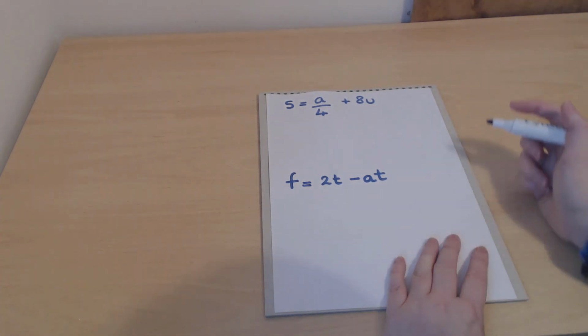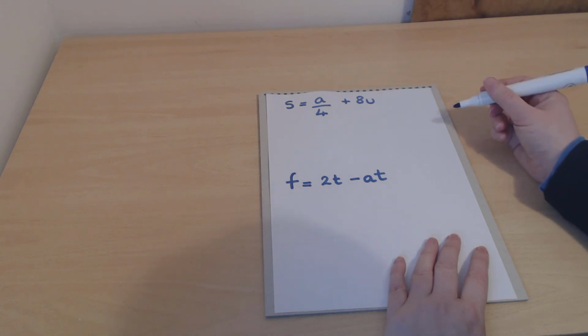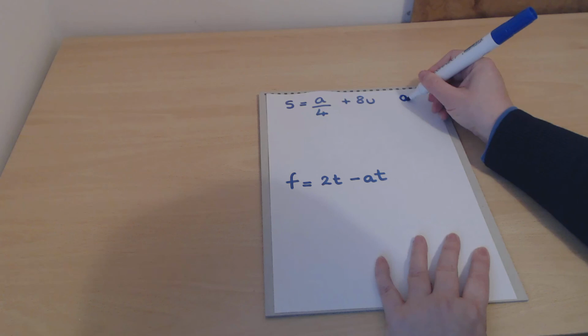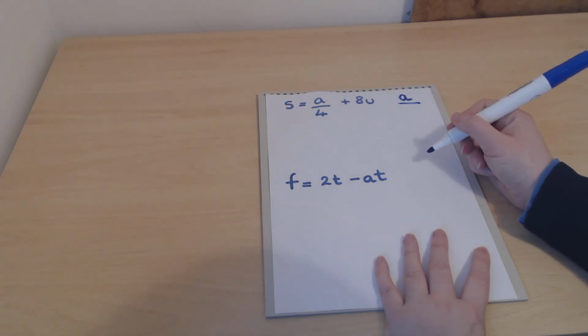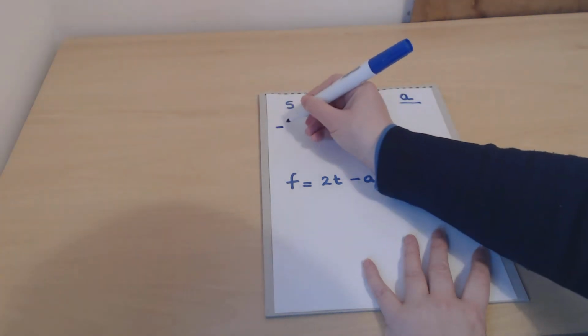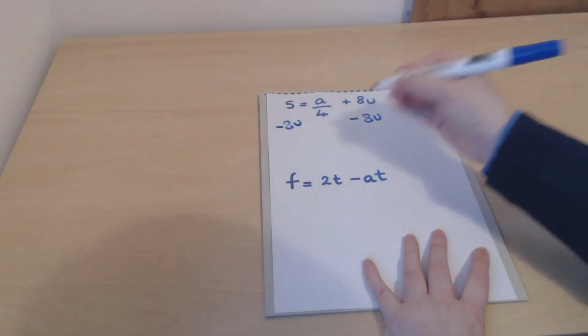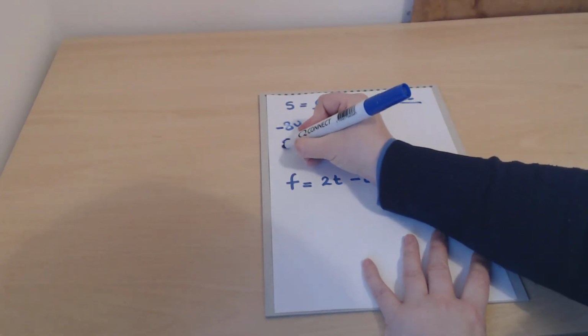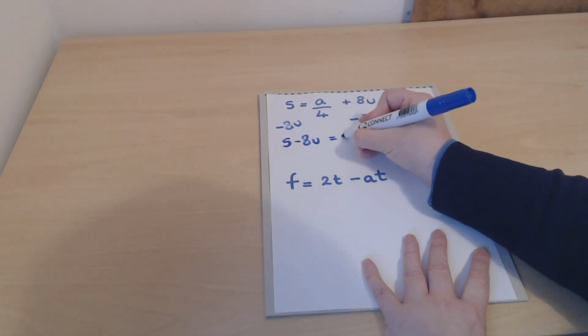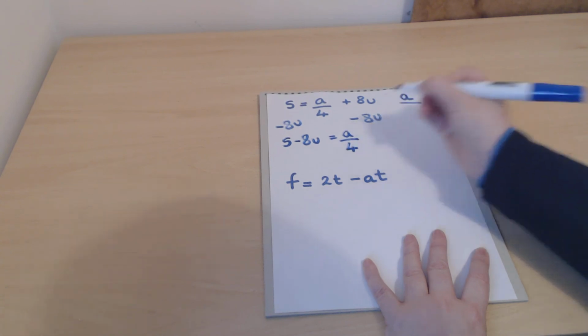So in this first one, sorry I haven't written it down, we want A to be the subject. Okay, so we're trying to get A. So we're going to take away the 8u from both sides. So that means on this side we've got S minus 8u equals A over 4.